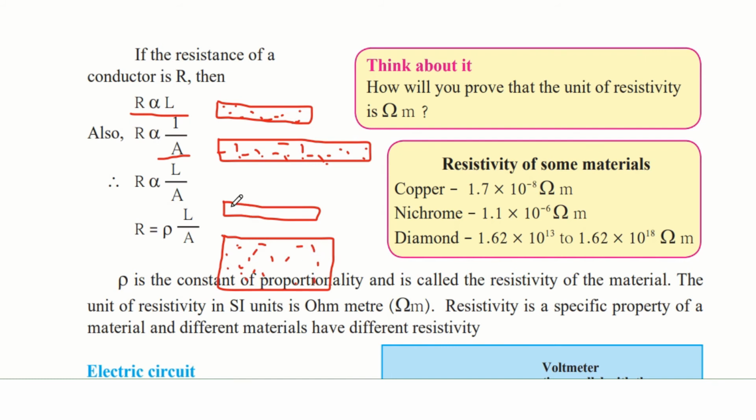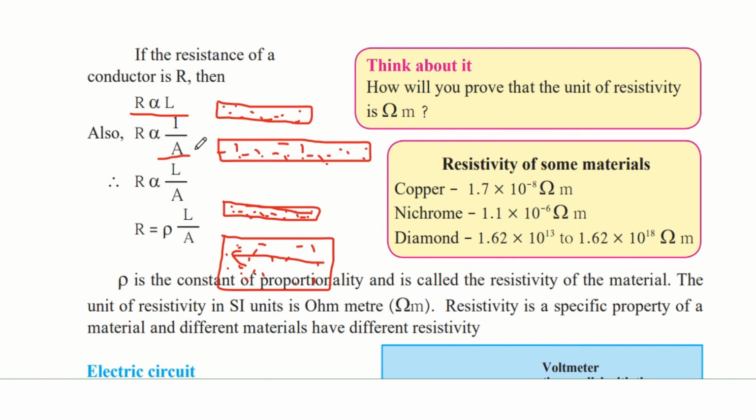Here, because this conductor has a very small cross section, there are many ions in the path of the electron. But here they are all spread out. Therefore, the electrons can easily pass through the ions. So the more the cross-sectional area, the less the resistance. That is, the less obstruction the electrons will have.